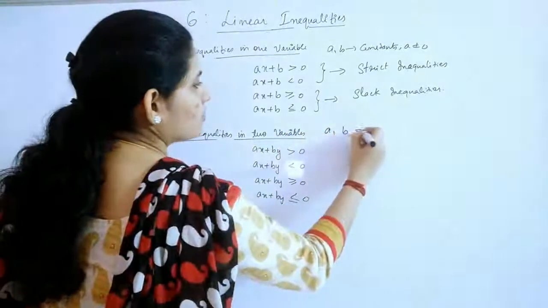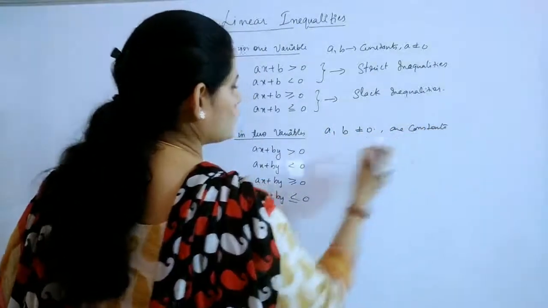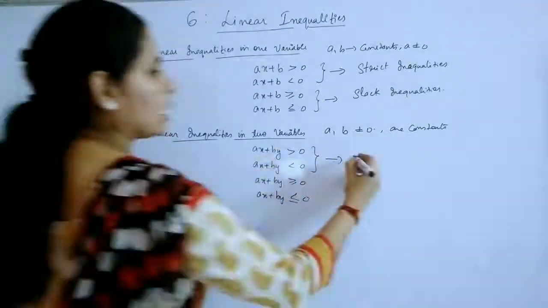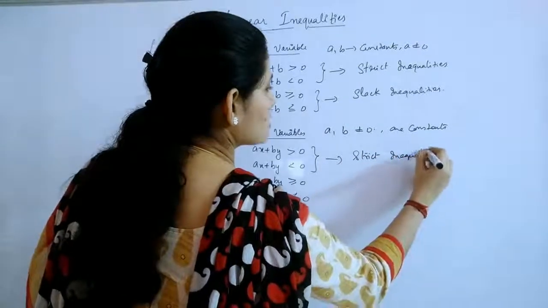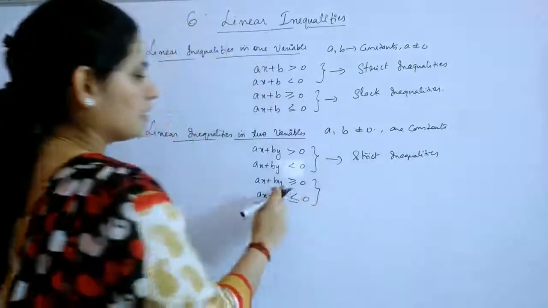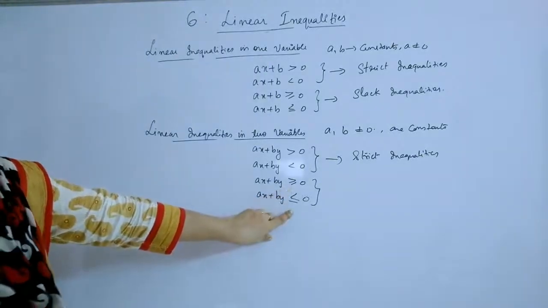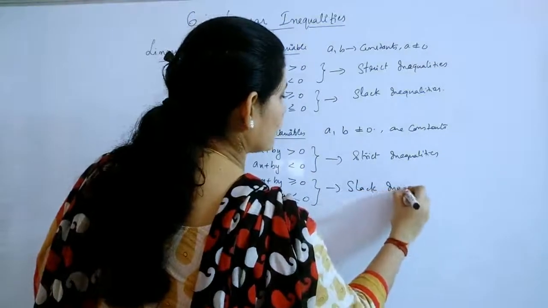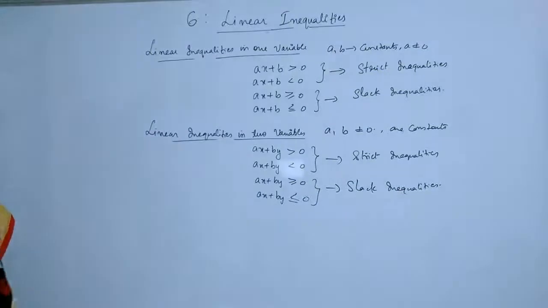Again here, these two are strict inequalities, and the inequalities where you have greater than or equal to, less than or equal to sign are again slack inequalities. So these are the varieties of linear inequalities.